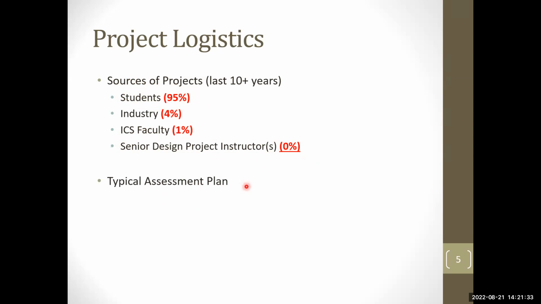Now, typical assessment plans: since it's teamwork, and that's also a very important aspect of senior design projects, 80% of the grading comes from the team submissions. However, as Dr. Zaid also said in his presentation, we also want to make sure that there are no free riders.